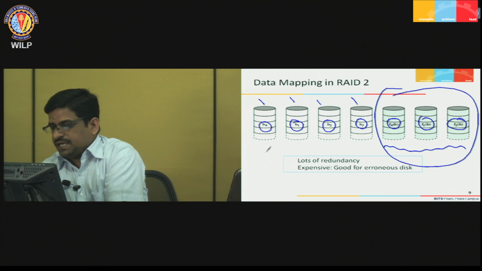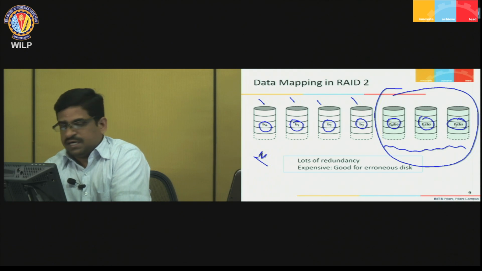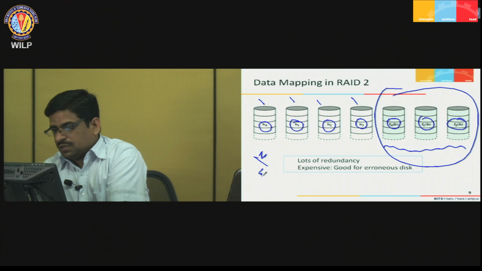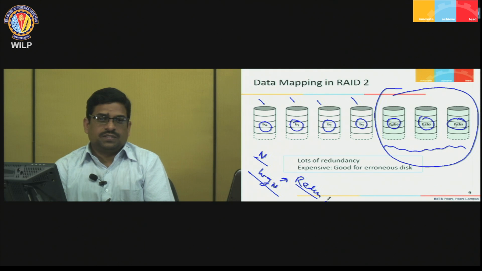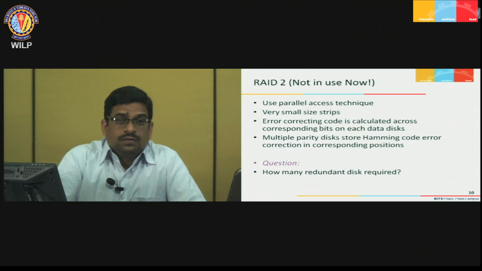So, how many disks? Let us say I have n data disks in total. For n data disks I require log n redundant disks. So, RAID 2 is not in common use, the reason is very simple: the overhead is too much, it is a lot of wastage, I can say.